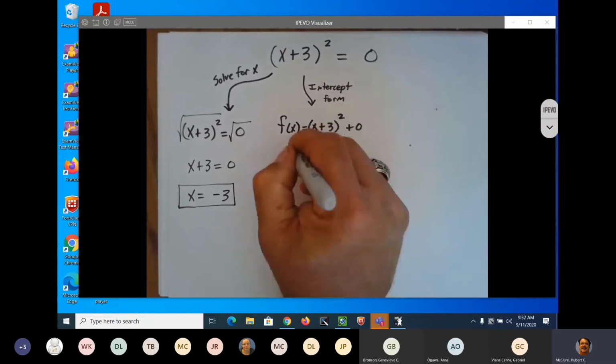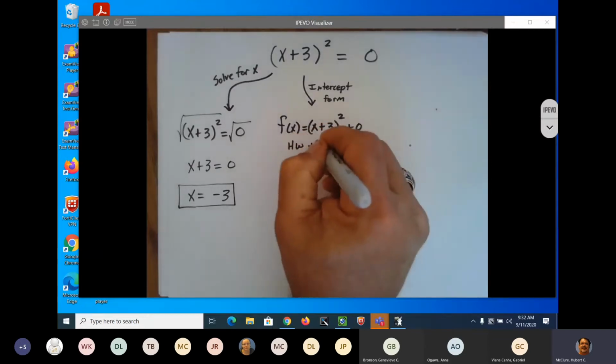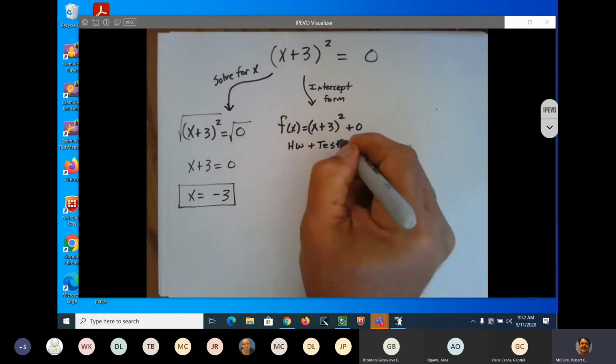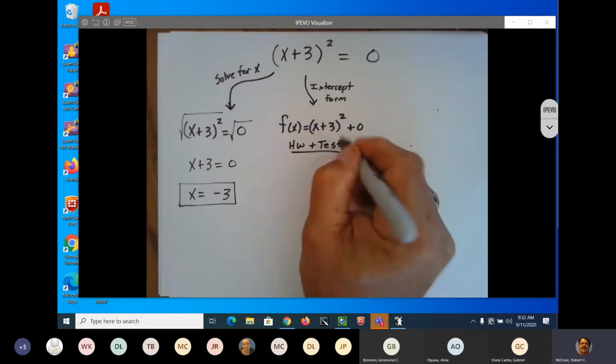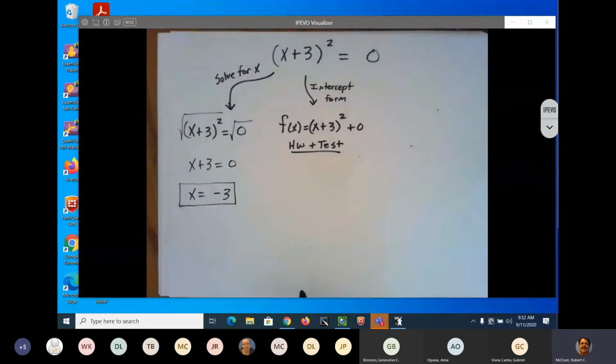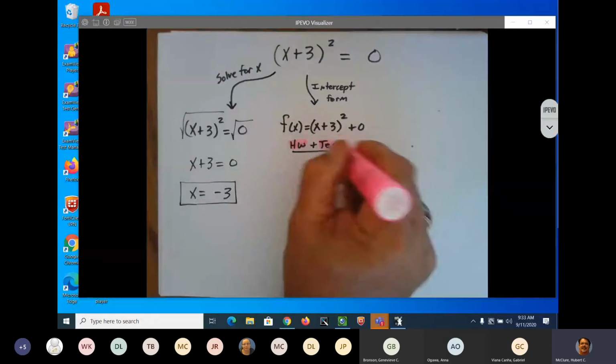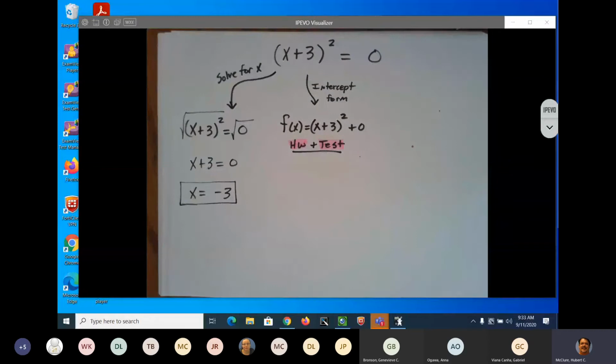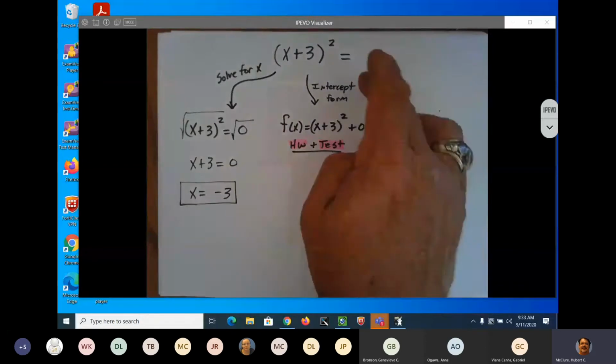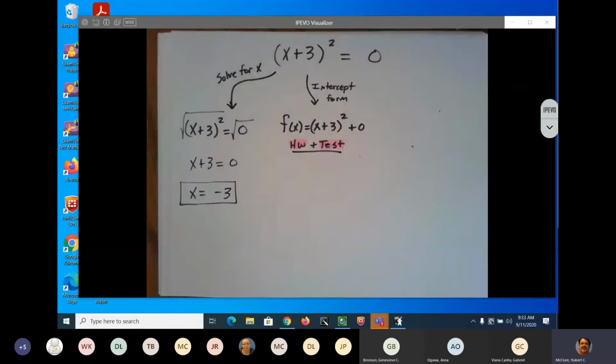This is used on your homework and your test questions. I personally don't use this form. Okay, so I need you to make sure you understand that you need to be able to put it in this form for homework and test questions, because I'll do it for you probably the first 4 or 5 examples, but after that, I'll just do the third option, which is just find the vertex.